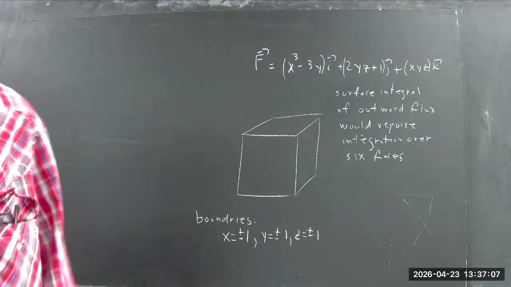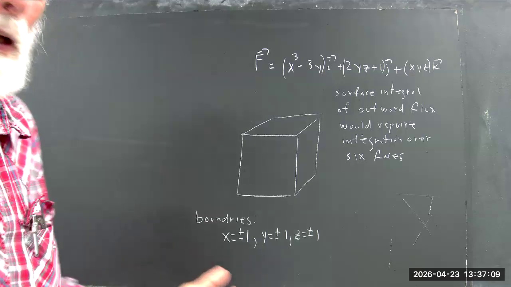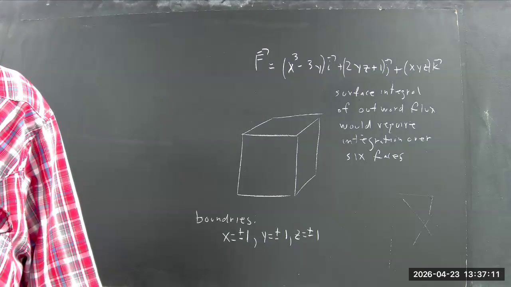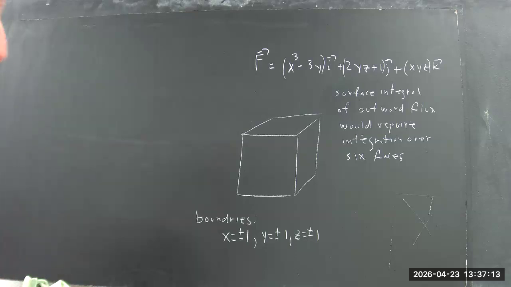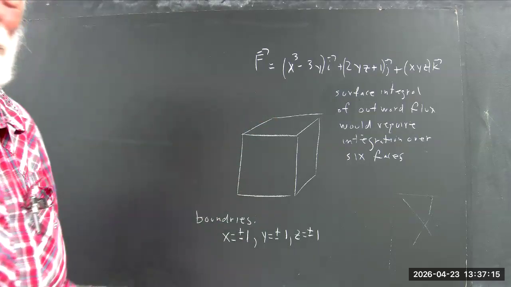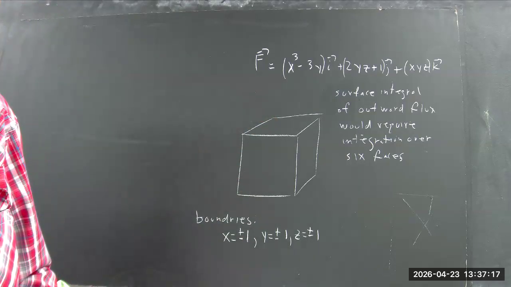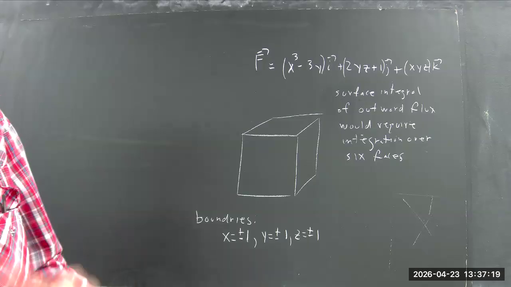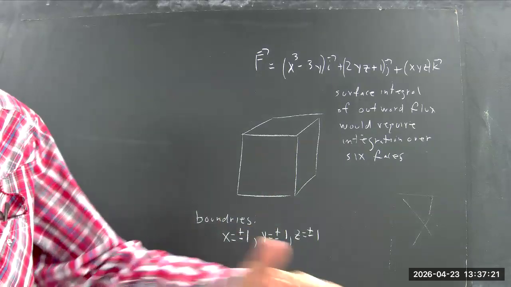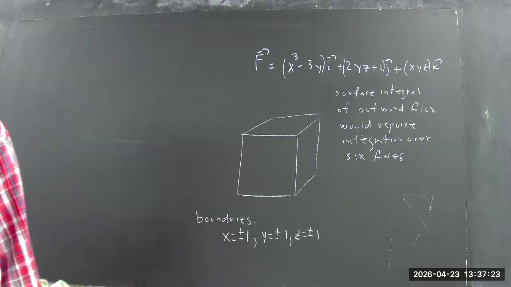The volume integral ought to be really easy because you've got a cube. Just integrate x from -1 to 1, y from -1 to 1, z from -1 to 1.